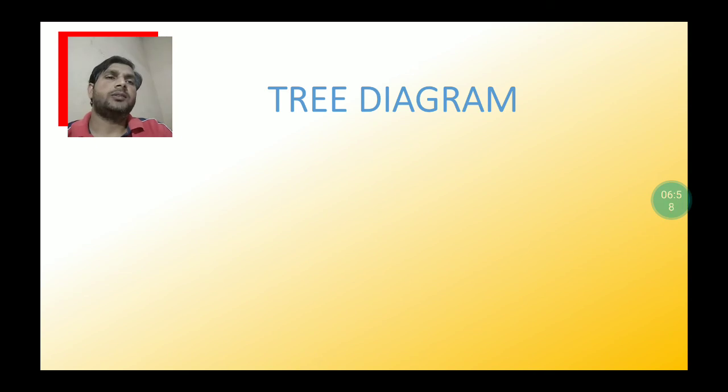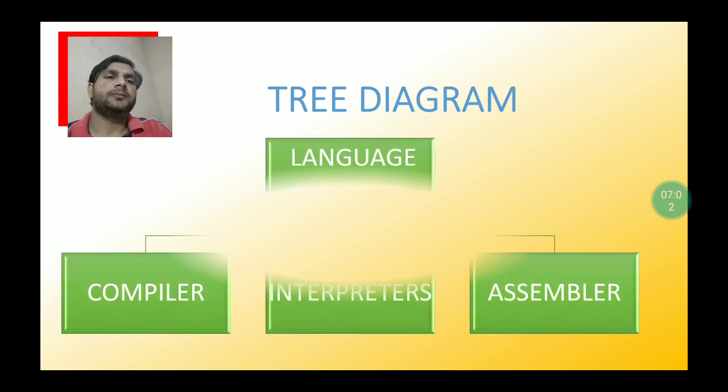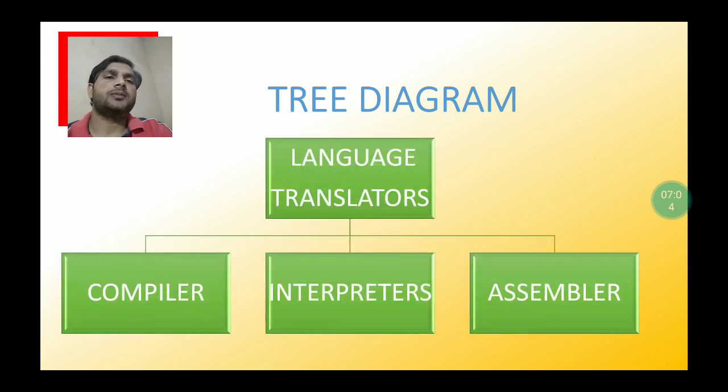So this is the second tree diagram, that is language translators. So what are language translators? I explained you earlier. Now you can see the language translators are of three types. First, compiler, second, interpreter, and third one is assembler.